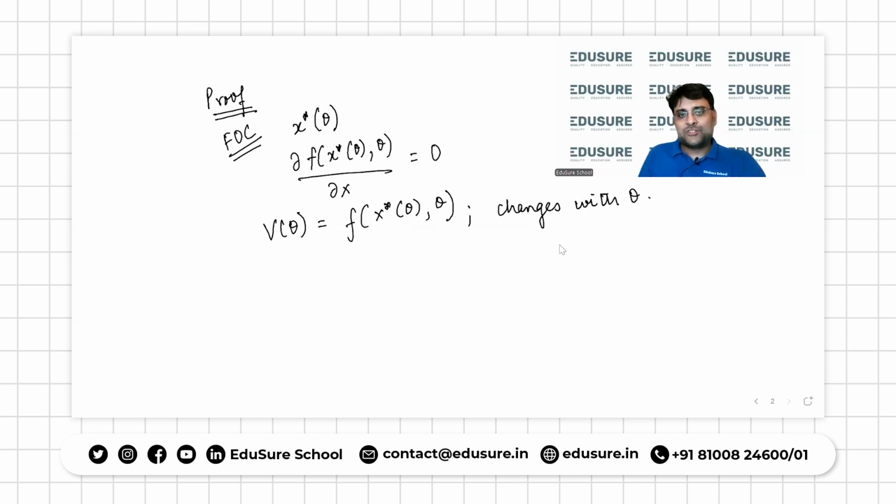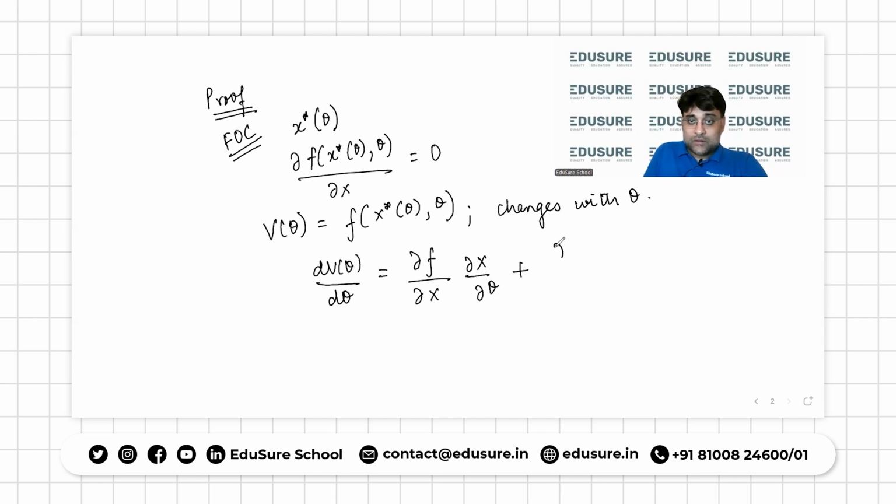So we differentiate v theta with respect to theta, which is equal to del f del x times del x del theta, and del f del theta directly. Please understand, each of these f has x star.